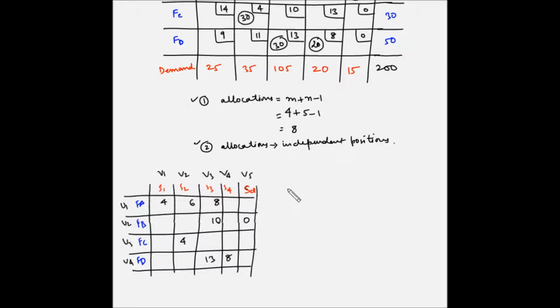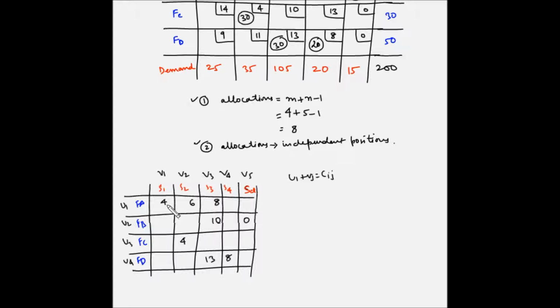The next step is to compute the values of u and v for the stone squares, that is the squares where we have an allocation, such that ui plus vj is equal to cij. Cij is the cost associated with that row and that column.